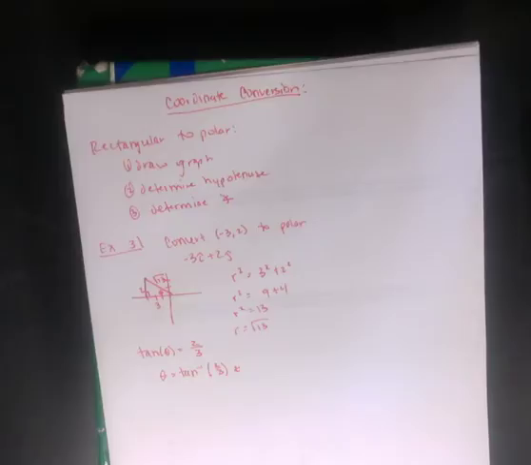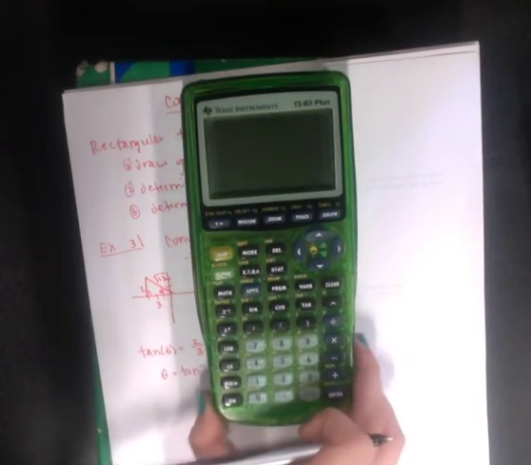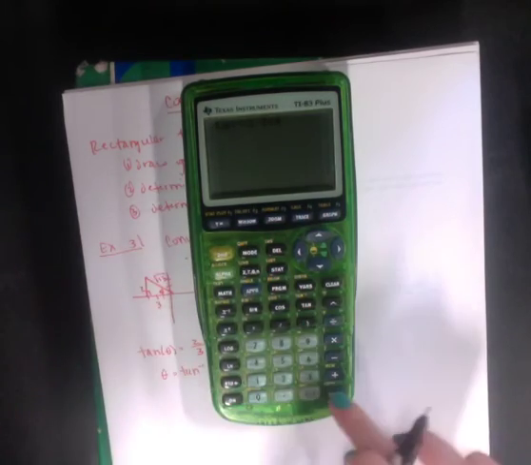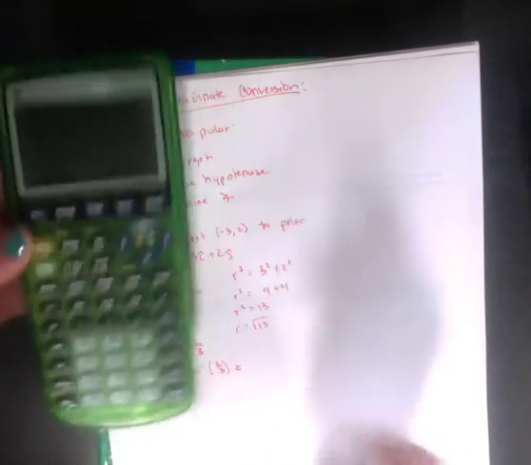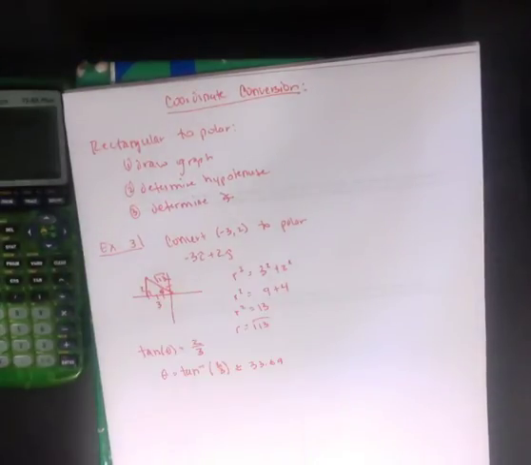Let me grab it. I have the inverse tangent of 2/3, and it gives me about 33.69. That is not my theta though, okay?